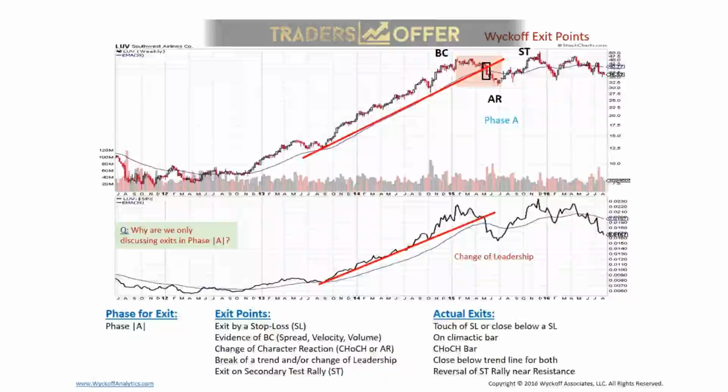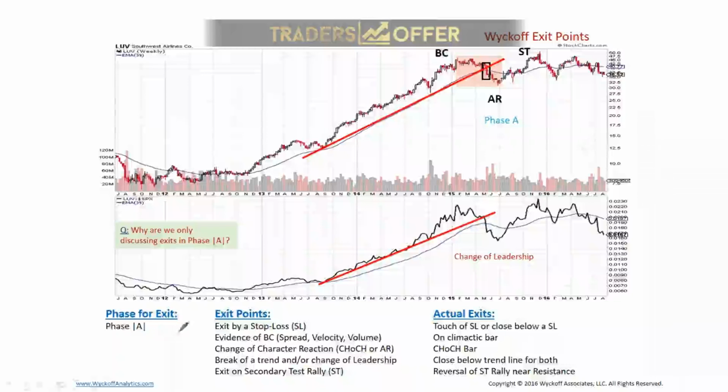One of the exit points just based on Wyckoff methodology is a change of character, and a change of character that's going to occur in phase A. So therefore, identification of the specific Wyckoff events around phase A are crucial to us to understand that the trend is done and we should exit our position.